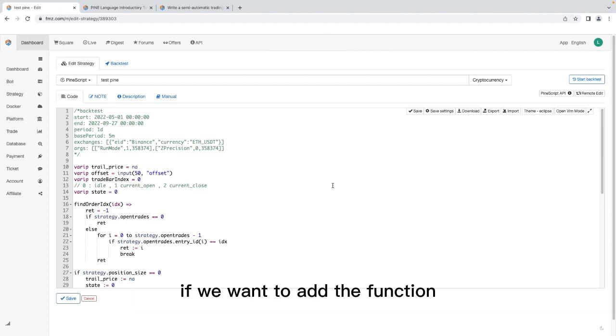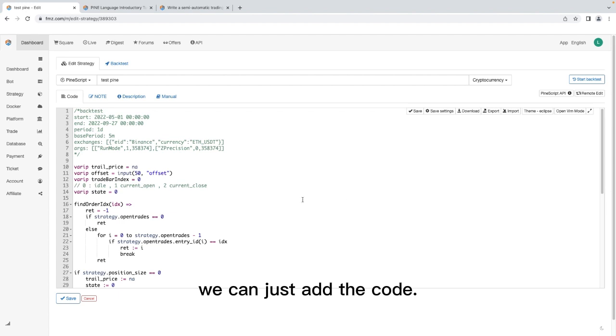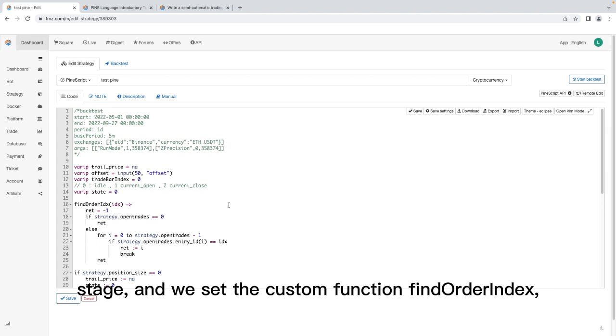If we want to add the function of tracking profit stop and loss stop to the strategy, actually we can just add the code. We can see this code, which is mainly to judge if it is in the real-time K-line bar stage, and we set the custom function find order index.